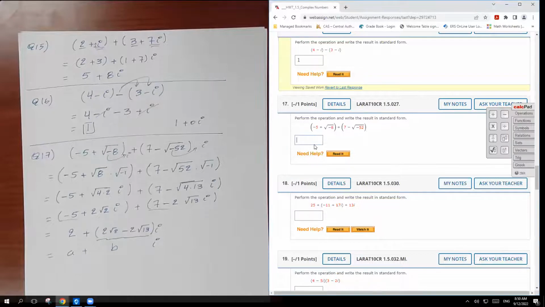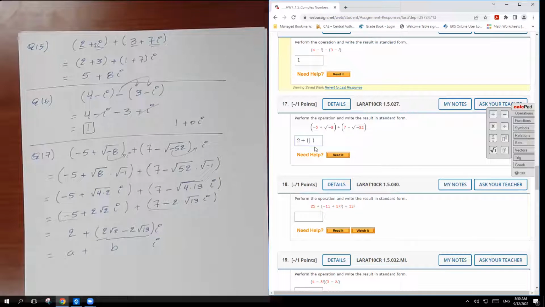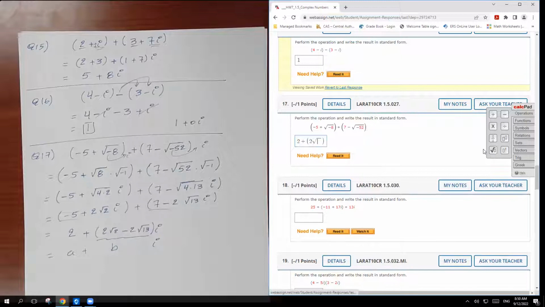When we write down the solution here it is going to be 2 plus, and open parentheses. I'm going to write down the first one 2 square root of 2 minus 2 square root of 13, and I'm going to write down the I outside the parentheses. That's it for this question.